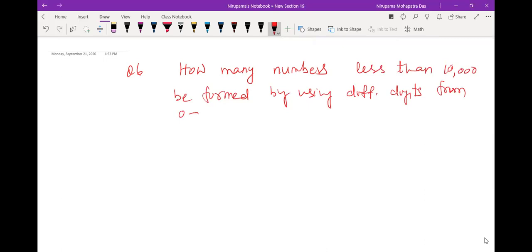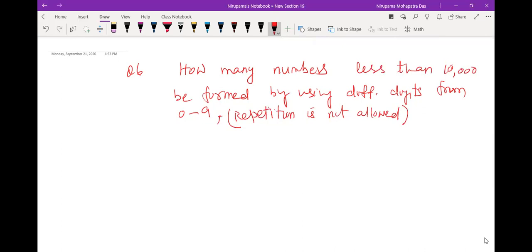Repetition is not allowed. How many numbers less than 10,000 be formed by using different digits from 0 to 9? This repetition is not allowed.